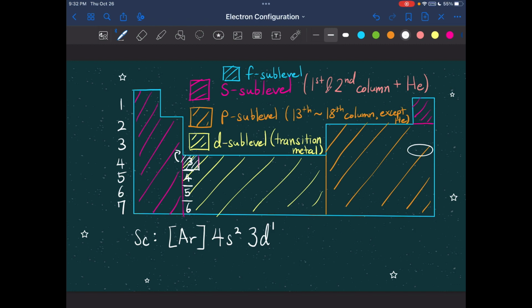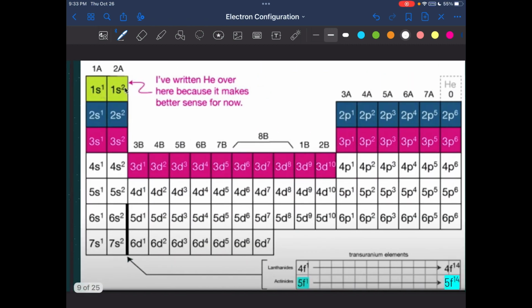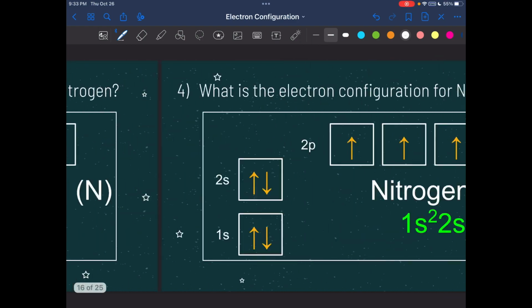But the reason why I put 3, 4, 5, 6 on here is because that's what the row number is when you get to that part. We'll do more practice on this later on, but just make sure that you understand this part. Okay? All right. So without any further ado, I'm going to scroll all the way down.